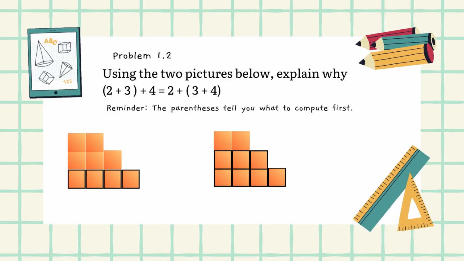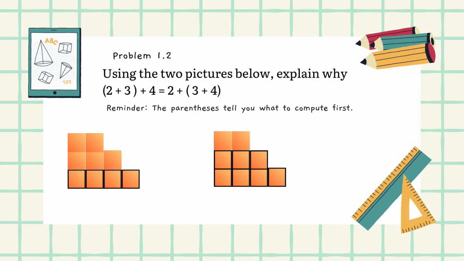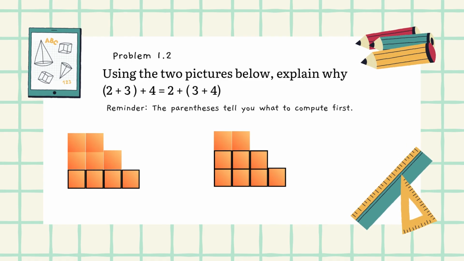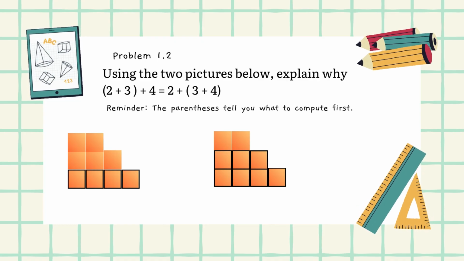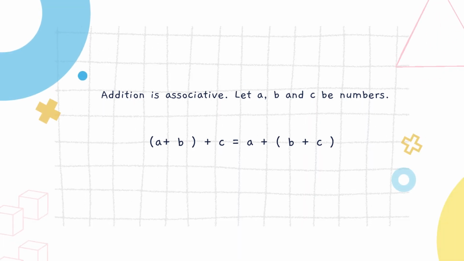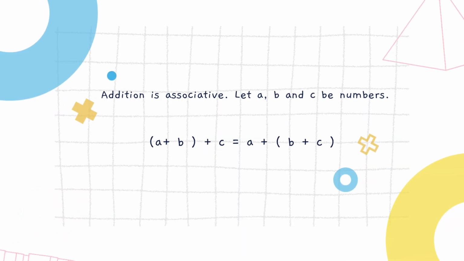What's the difference between the 2 pictures? The only difference is the color of each middle row. Changing the color doesn't change the number of squares. So we can conclude that (2 plus 3) plus 4 equals 2 plus (3 plus 4). We get a similar equation for any 3 numbers: (A plus B) plus C equals A plus (B plus C).